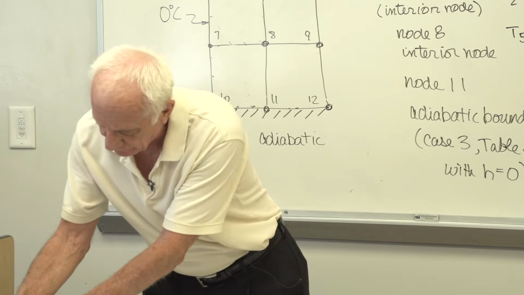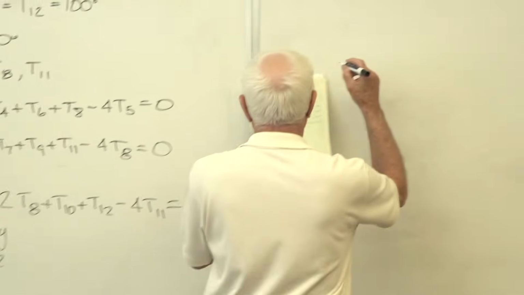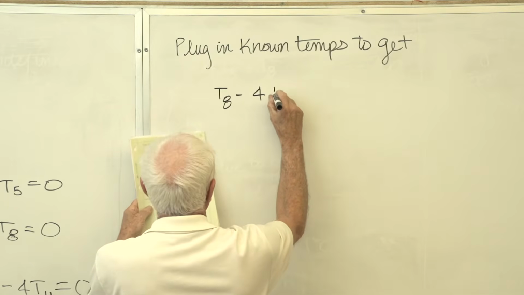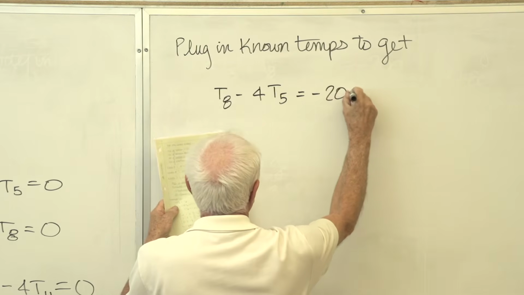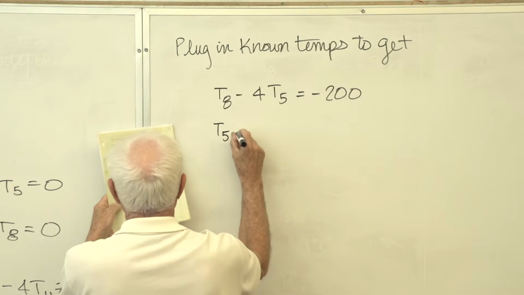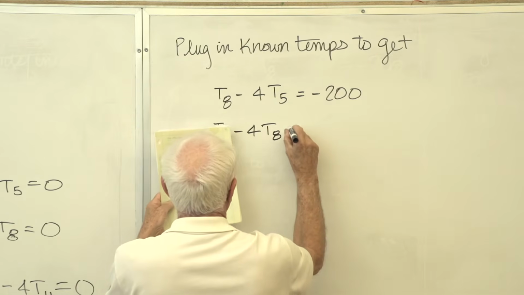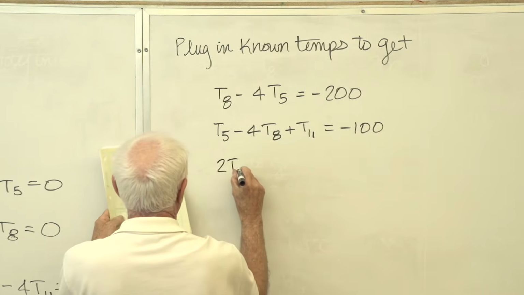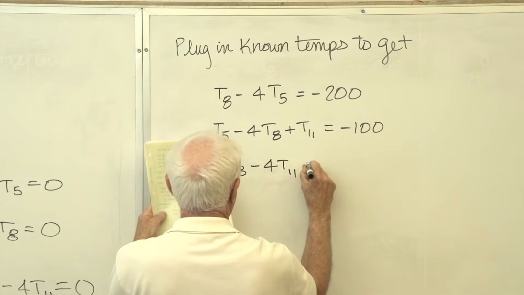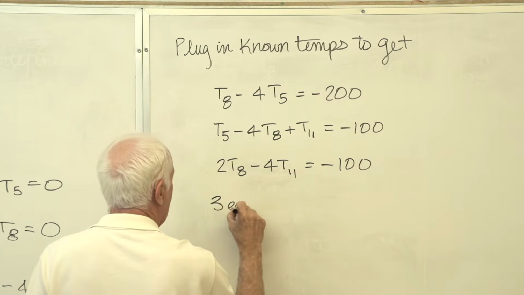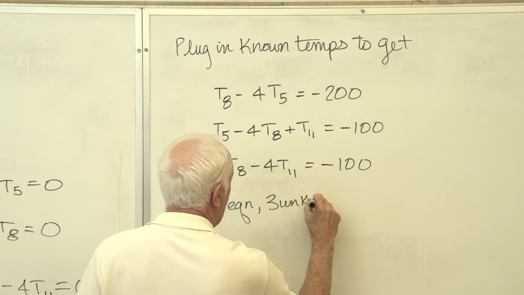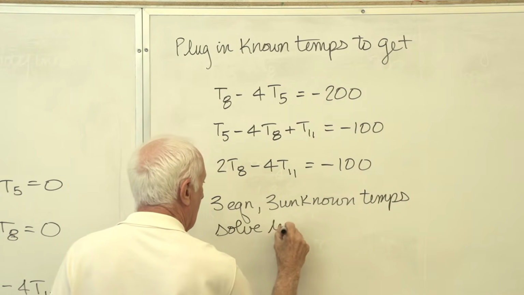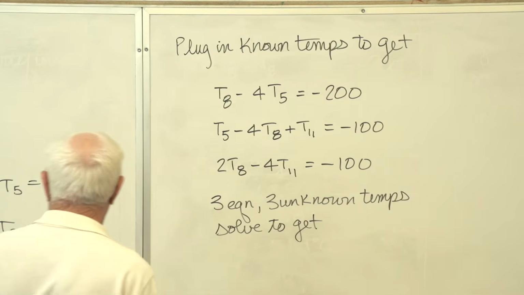Okay, let's see what you got here. On node 11, why did we add 2 of T8?